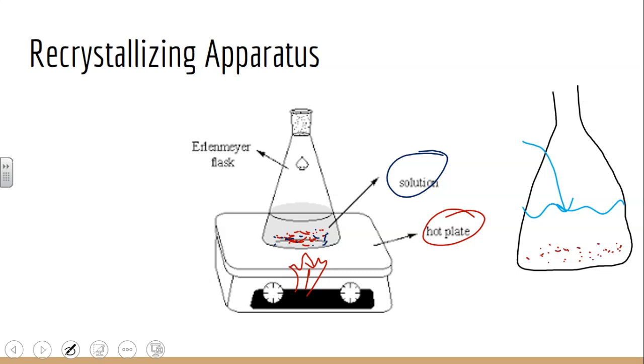That's why it won't work if there are too many impurities, because they will recrystallize as well with your desired crystals, and we don't want that. So you want to make sure that you cool this off nice and slowly.